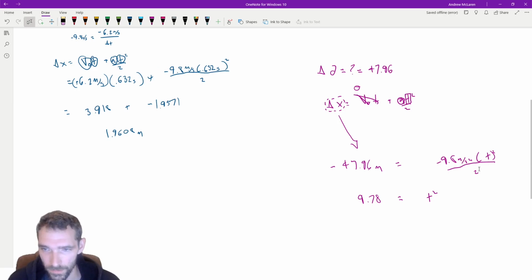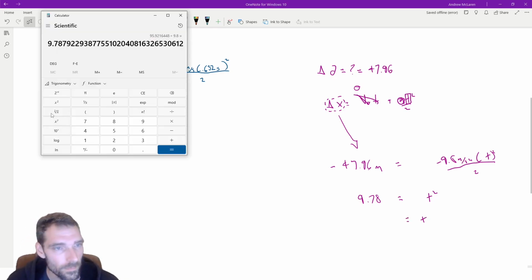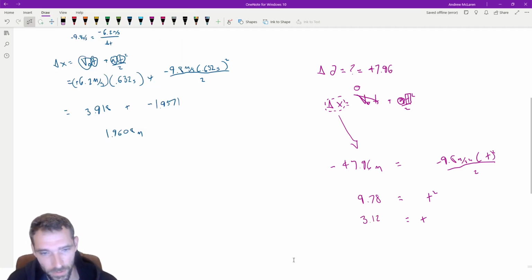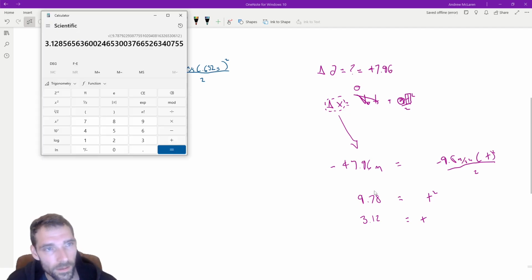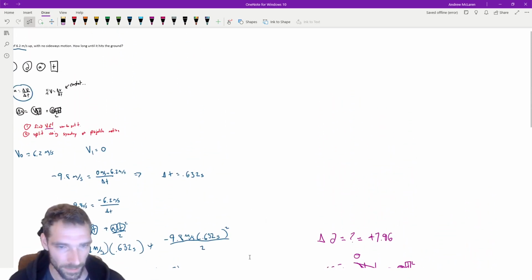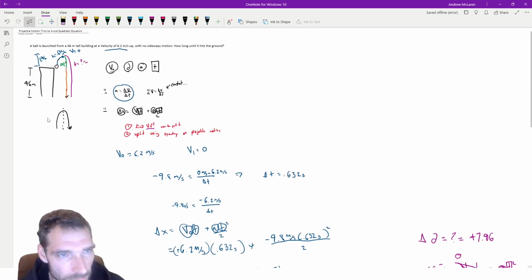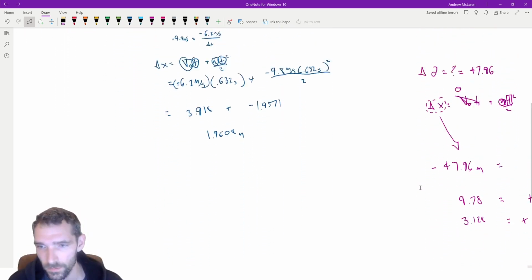Let me just isolate for t squared, and then you just get the square root of that. Okay, so that's going to be 3.12 seconds for it to fall downwards now. So for it to go down, this new time is 3.12.